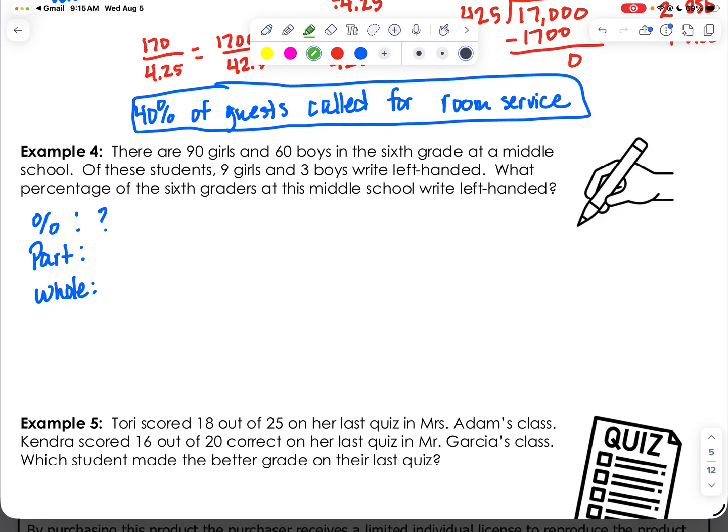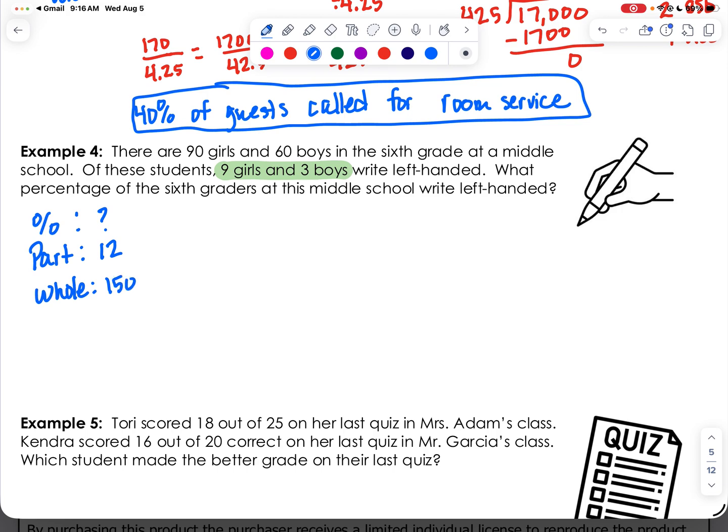And all I know is 9 girls and 3 boys write left-handed. So my part is going to be 12. Excuse me, because there are 12 students, 9 girls and 3 boys who write left-handed. The whole would be the total number of students in the 6th grade. And in this problem, the total number was 90 plus 60, which is 150.